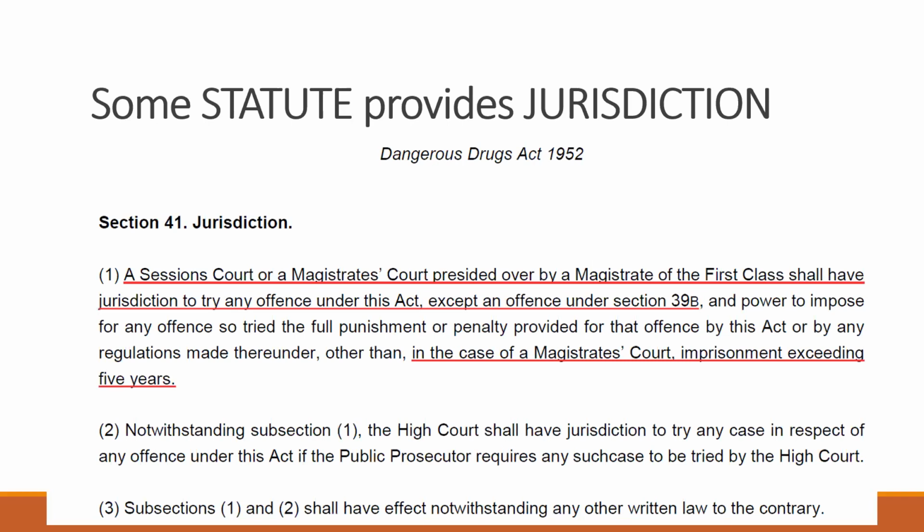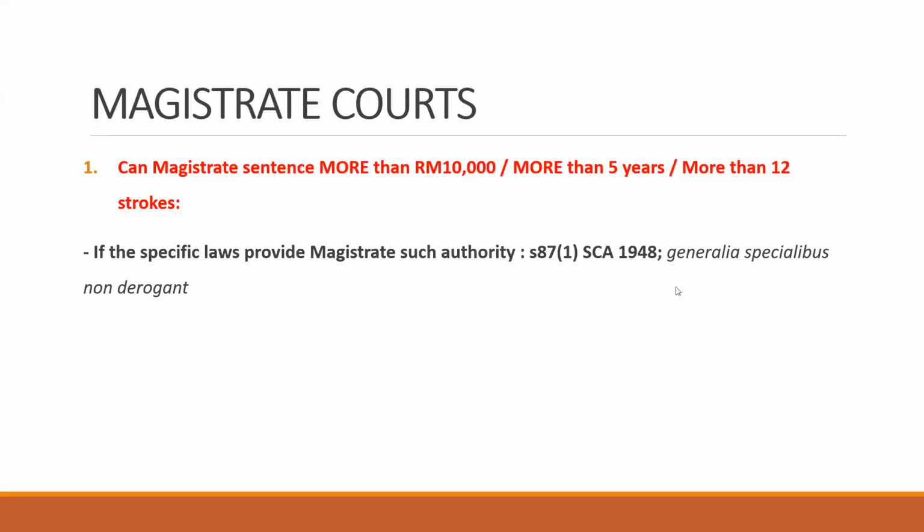You must go back to the doctrine of generalia specialibus non derogant. Let's say you have an act, the popular one is DDA, because Malaysia has a lot of drug cases. If you have the opportunity to go to magistrate court all day long, you hear DDA here and there, section 12(2), section 15(1), something like that, Section 39A.